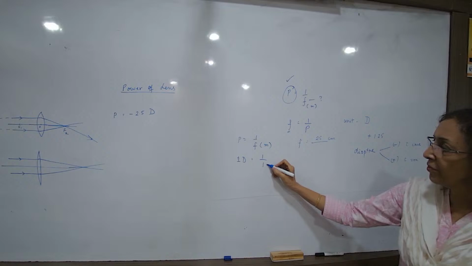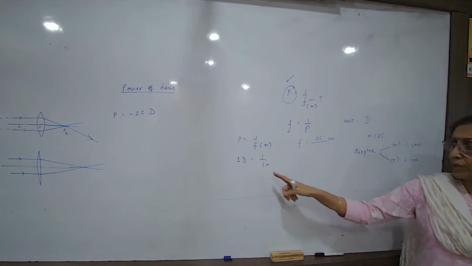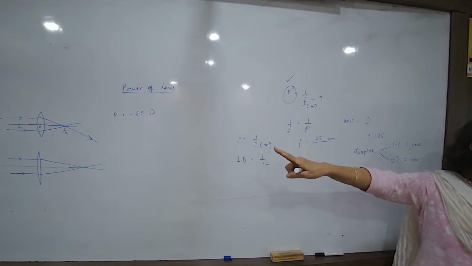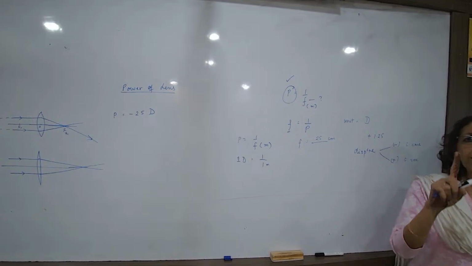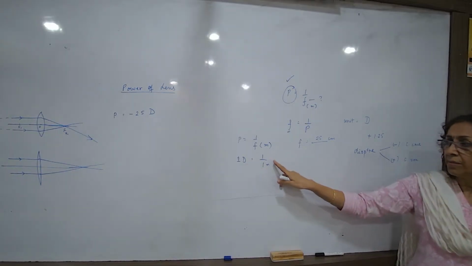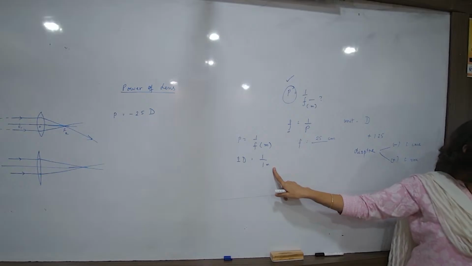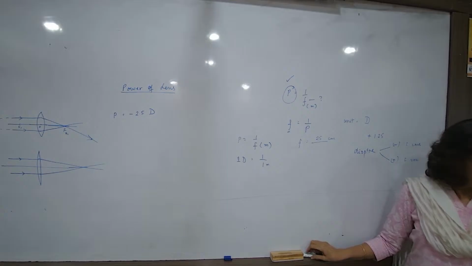So this is going to be 1 meter. As simple as this. So if you take a lens of focal length 1 meter, that means its power is 1 diopter. So what is 1 diopter? It is 1 meter inverse. Did you get it? That's all.